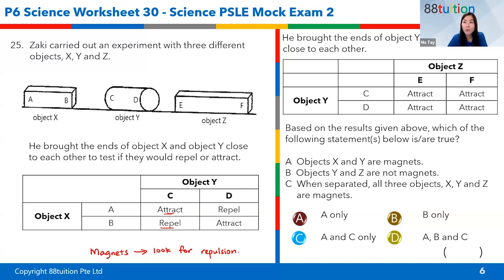Don't answer saying that only repulsion can confirm magnets. Full stop. No. You have to write down because magnetic materials can also be attracted to magnets. So in those two objects, one could be a magnet, the other one is a magnetic material. That's a full answer. I hope you got that.